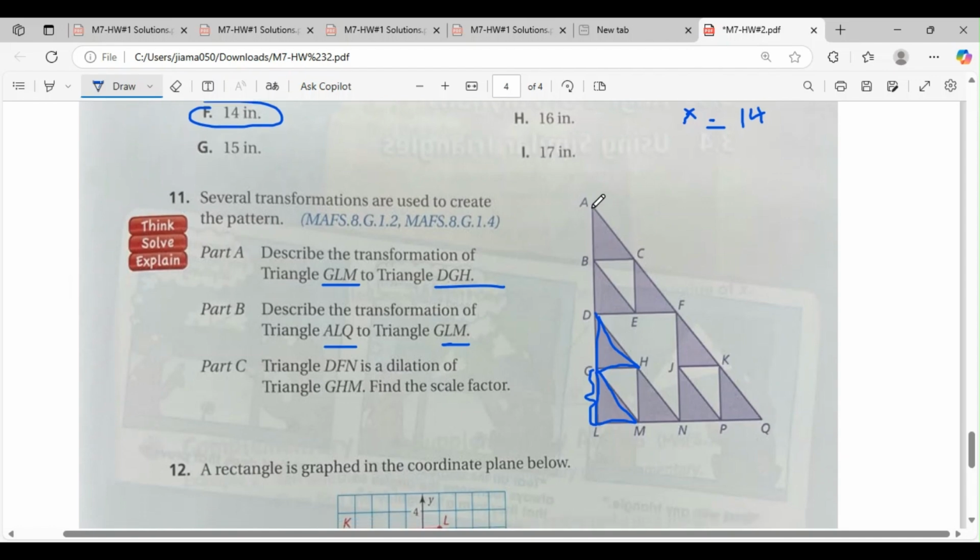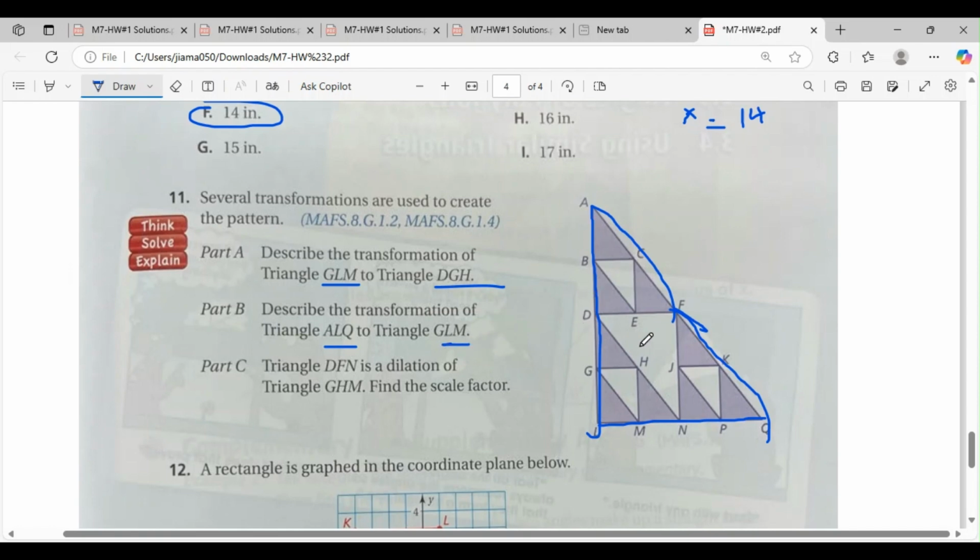So ALQ is the biggest triangle. Okay, you know that this is the biggest triangle.